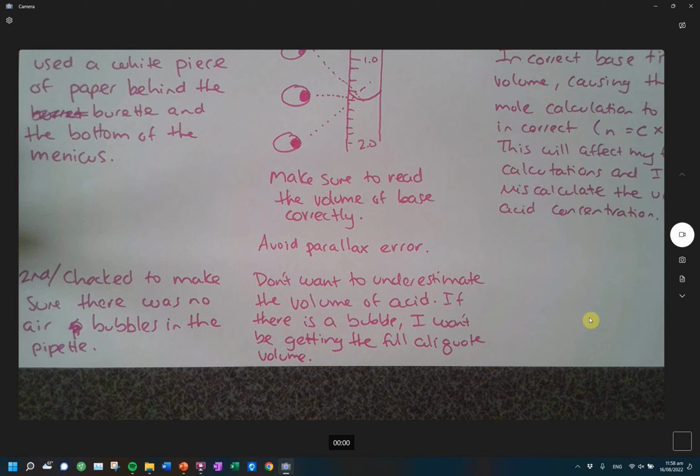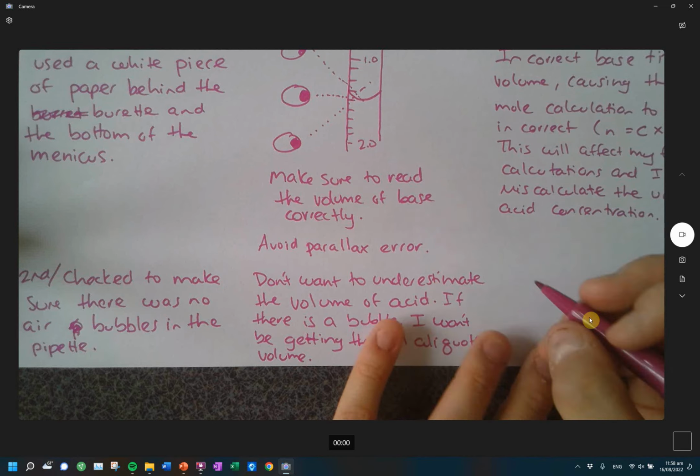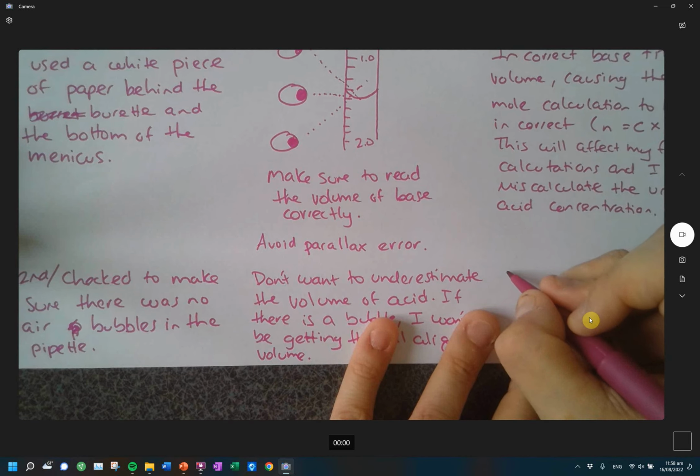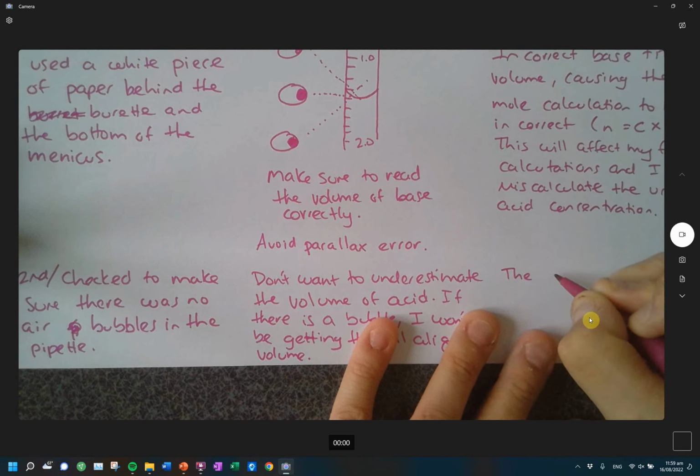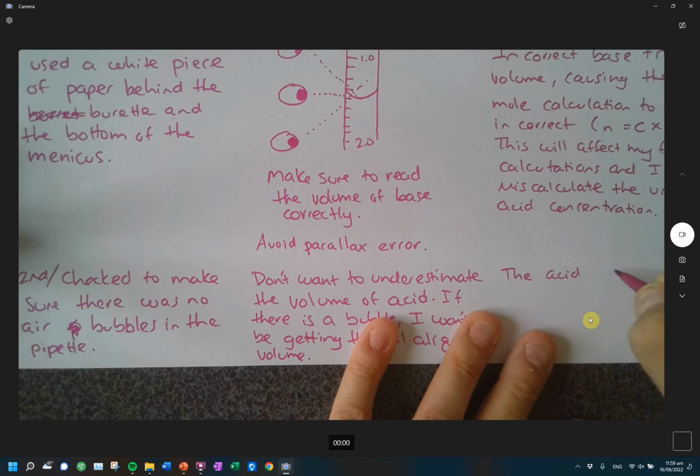And it potentially could be because of a pipetting error. So watch out for that. So how did it affect the results? The acid concentration would incorrectly be predicted to be lower.